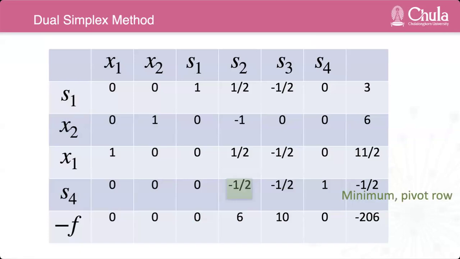Is it done? No, not yet. We still have negative here. Determine the pivot row. This is the pivot row. We find C over minus A. And this is our pivot element. We make this element 1. And the rest must be 0, 0, 0.